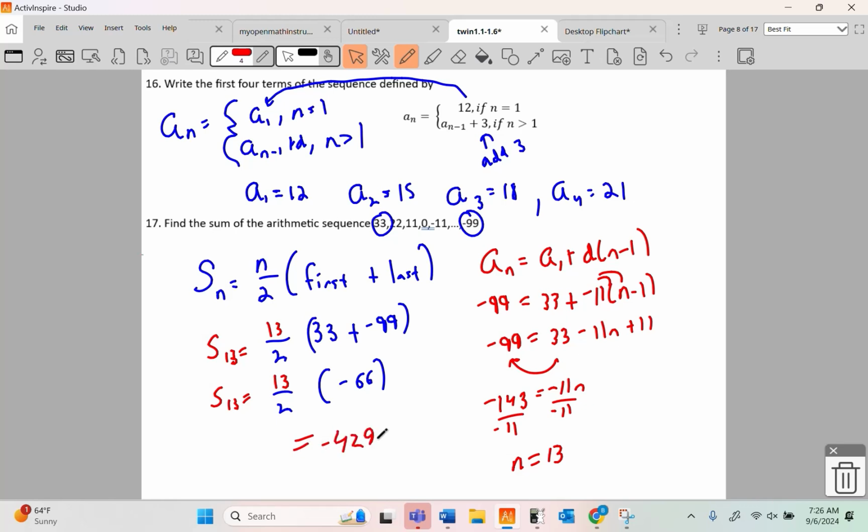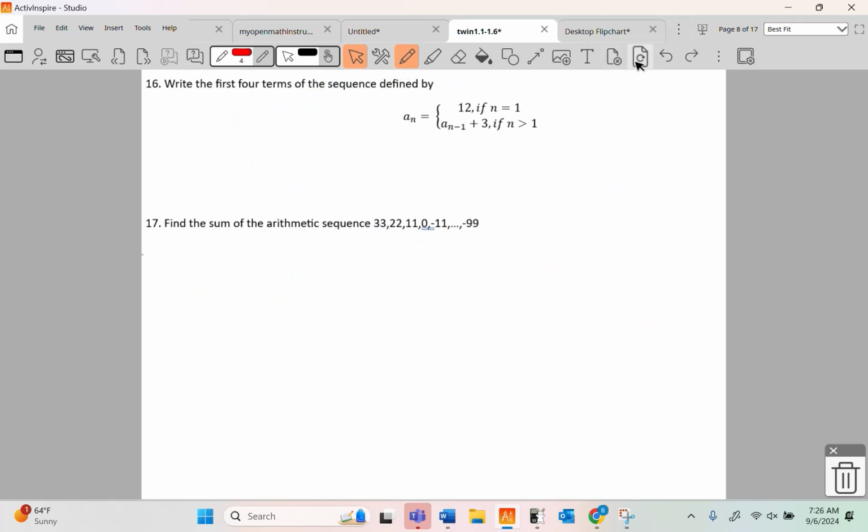Now, I did this way because if I was doing this by myself, it'd be a lot quicker. On this sequence, you'd really be kind of stupid if you didn't write it out.